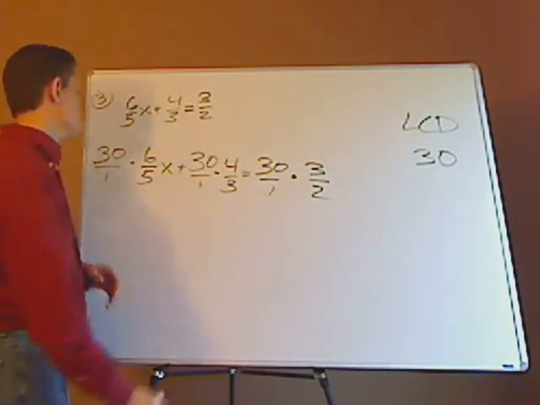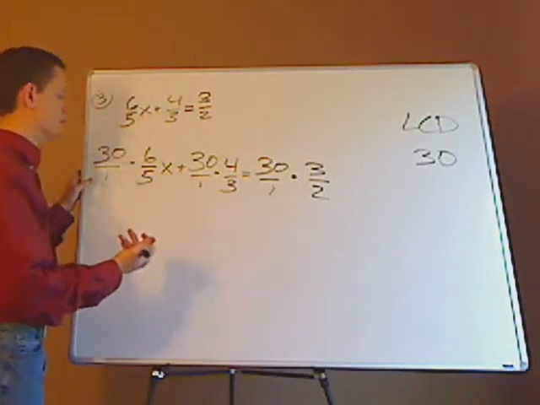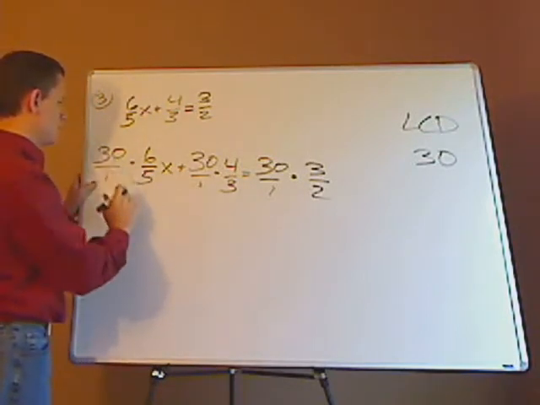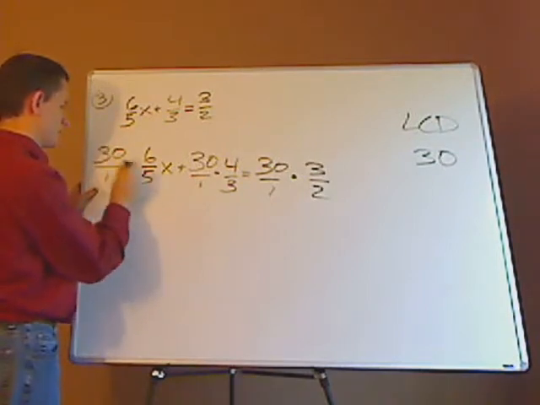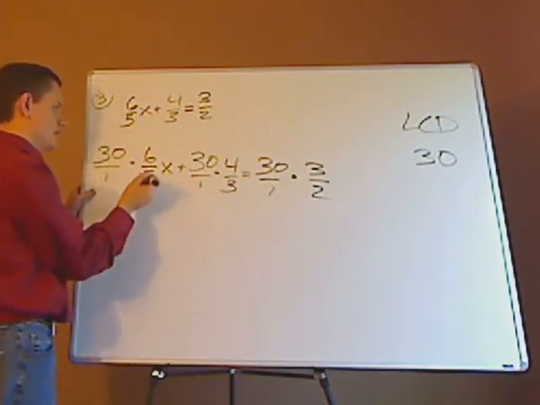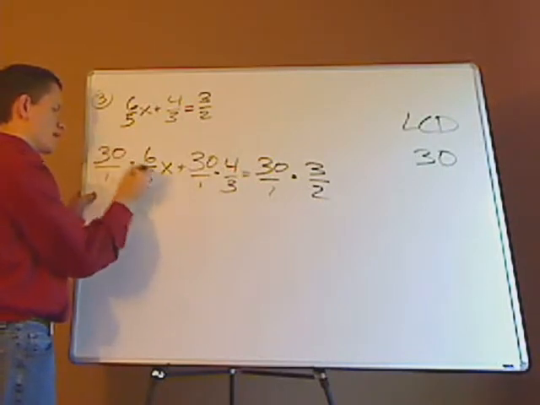See that? So now you can just cross cancel. You're just multiplying across, so now you can cross cancel.